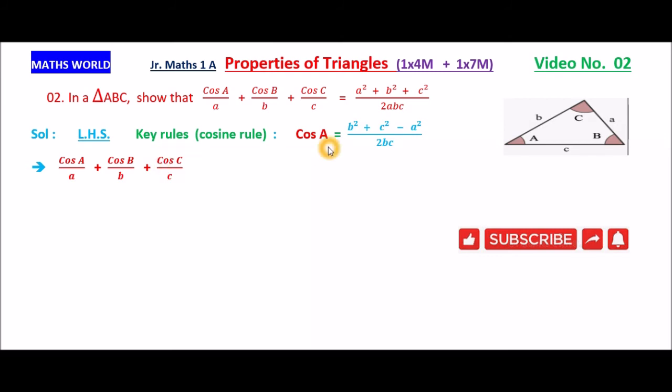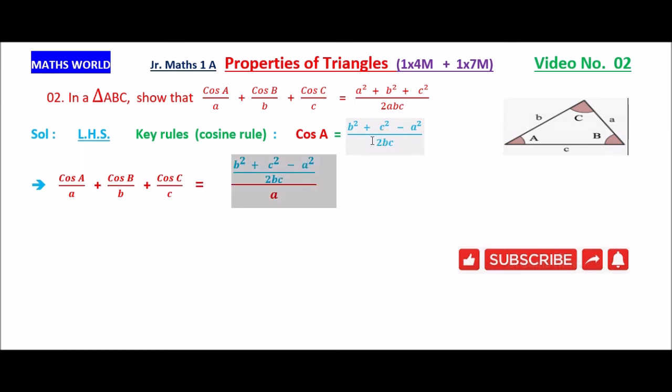Simply substitute the values of cos A, cos B and cos C in these three terms. What is the value of cos A? B square plus C square minus A square divided by 2BC, whole divided by A, plus, what is the value of cos B?